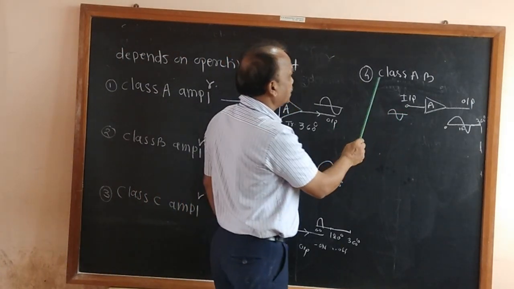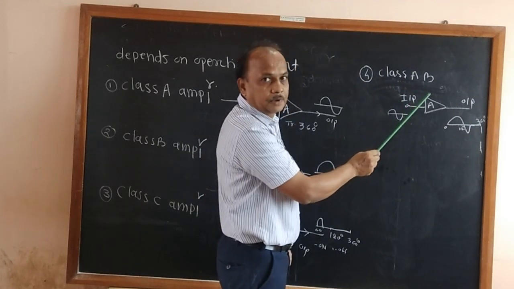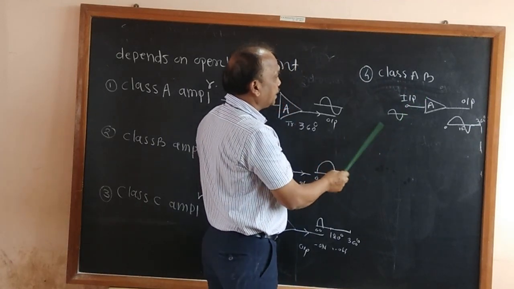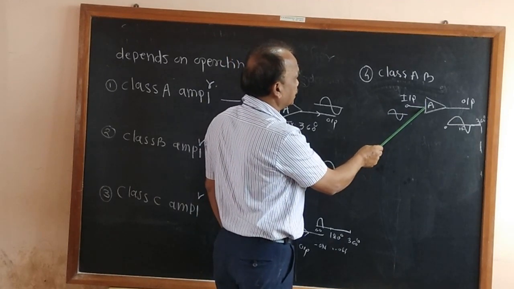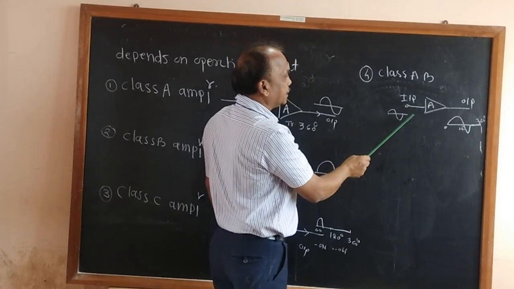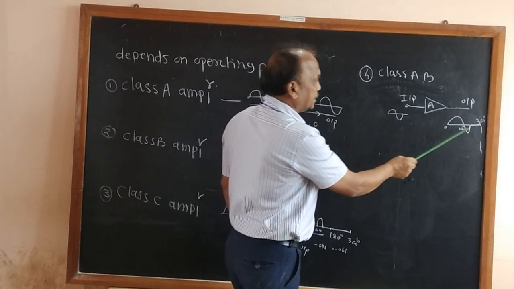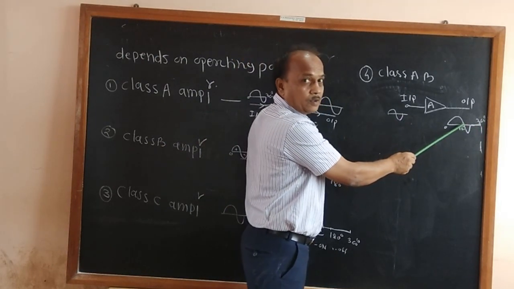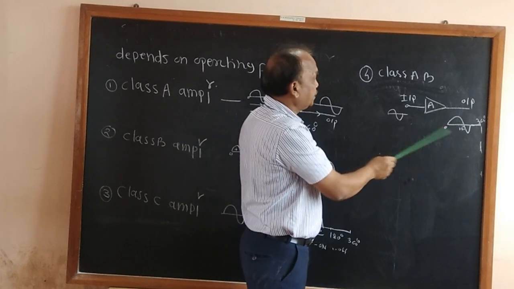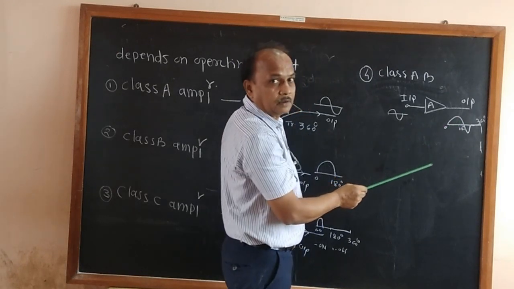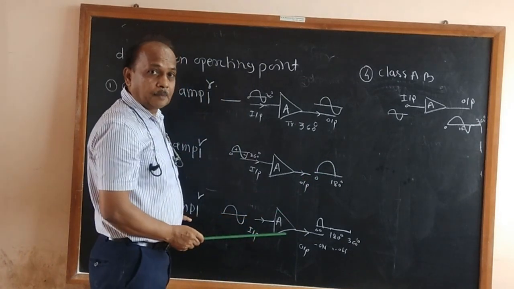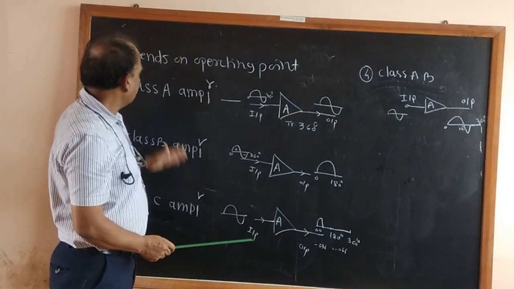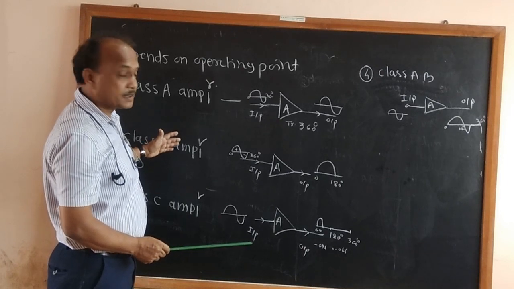Now the definition of a class AB amplifier: it is an amplifier in which the transistor used in the amplifier circuit conducts for less than 360 degrees but more than 180 degrees. Now the efficiency of this class AB amplifier is less than the class C amplifier but greater than class A and class B.